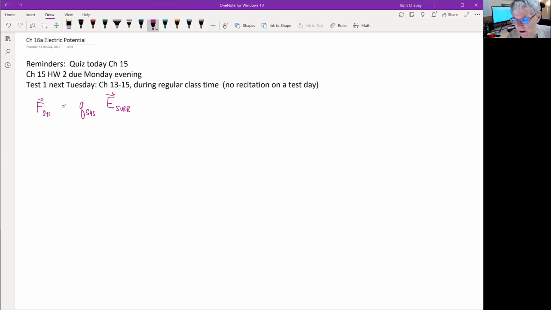And so, of course, we can calculate the electric field due to the surroundings by measuring the force on the system and dividing by the charge of the system. The electric field is Newtons per Coulomb.